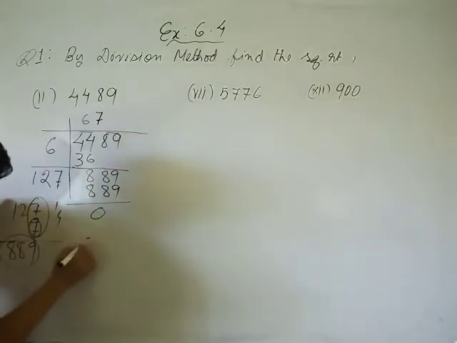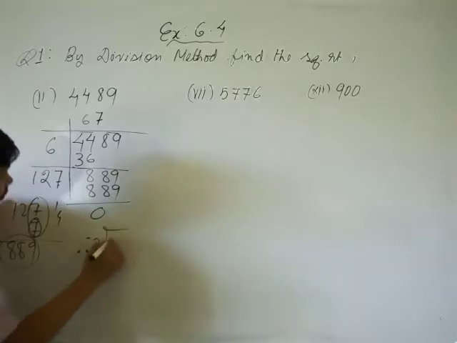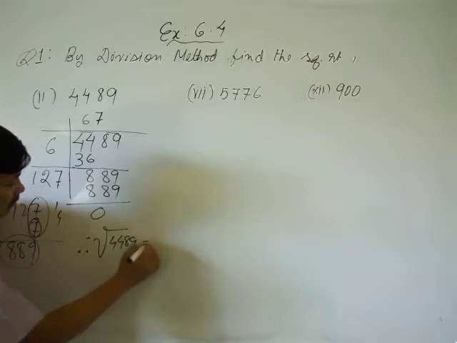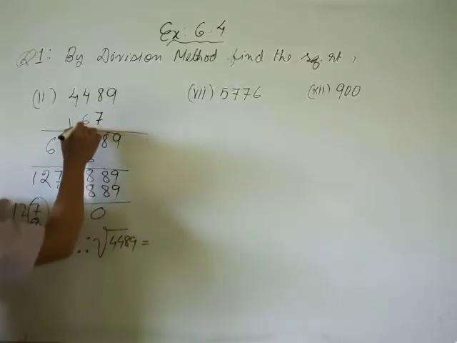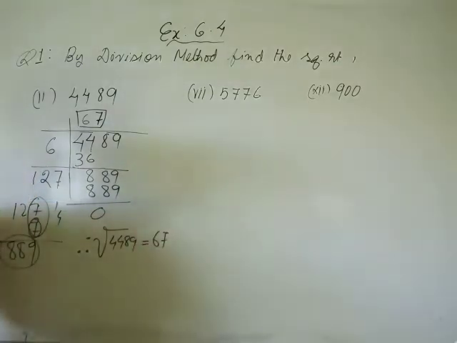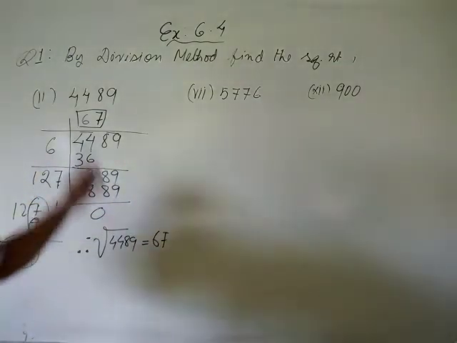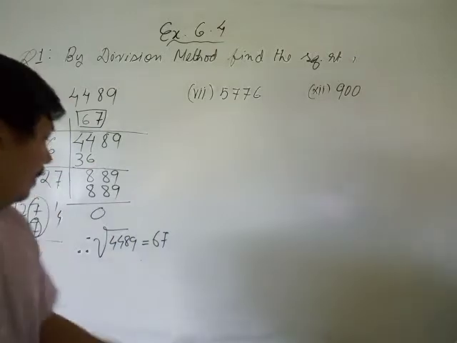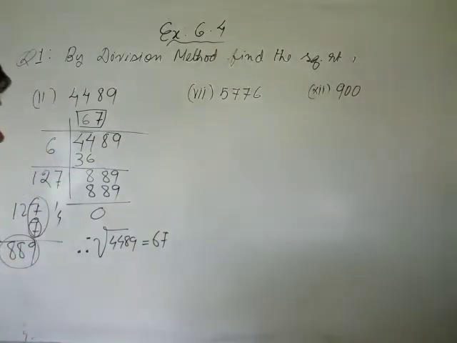Therefore, the square root of 4489 is equal to the number here. What is that? 67. So the square root of 4489 is 67. Okay.